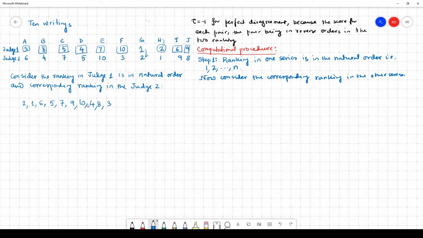So in that way we arrange the ranks of judge 2.